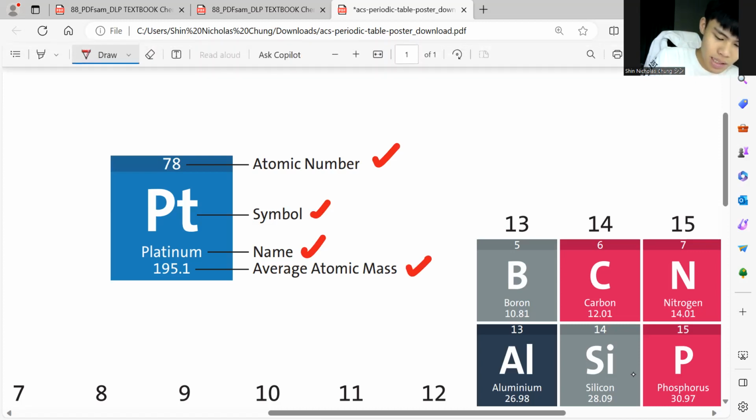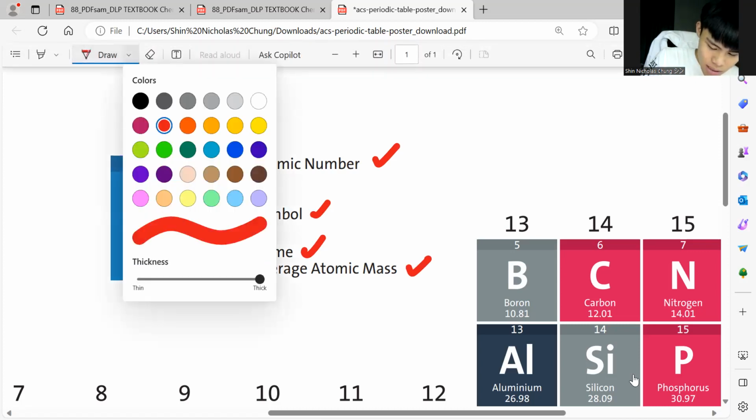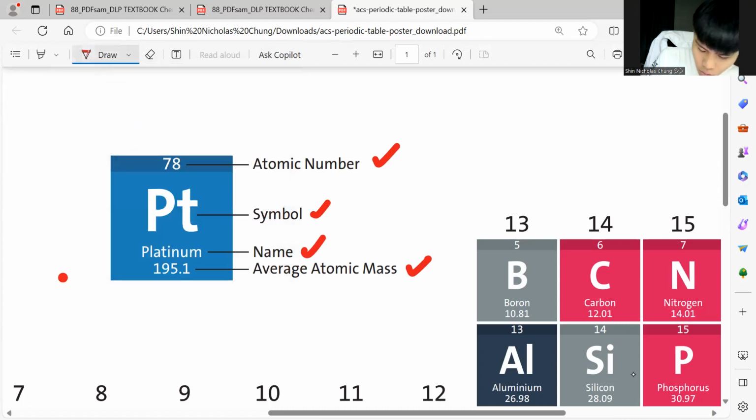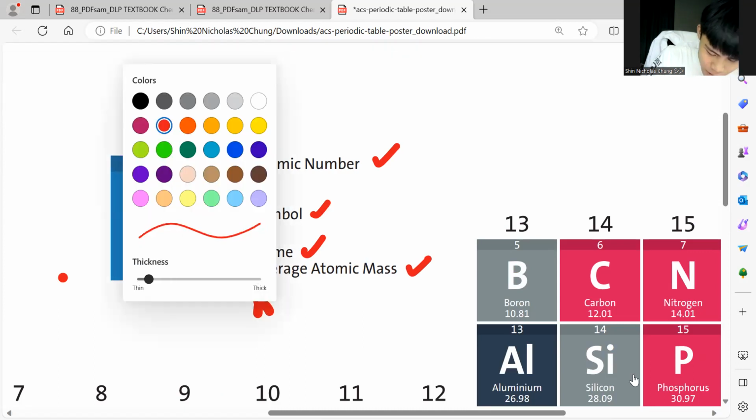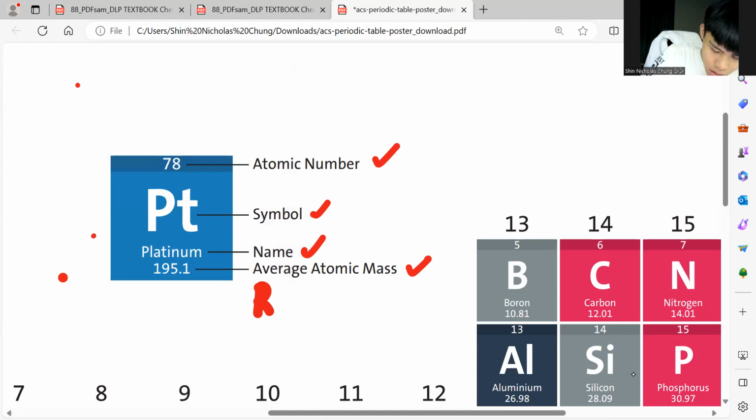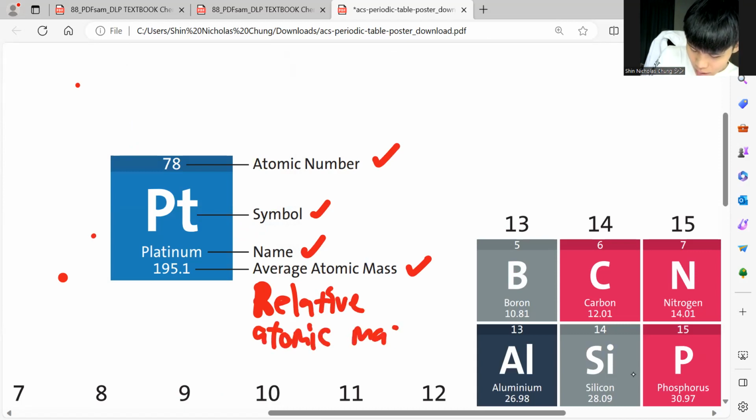But in your textbook, we don't see something like this. You'll probably be seeing relative atomic mass. I don't think we really mentioned this, but it's the same thing.